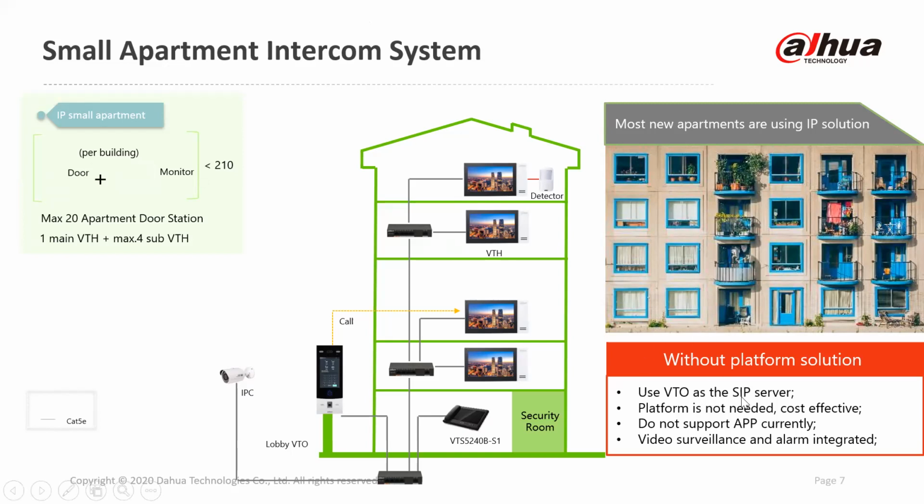Then we use the video as the SIP server. A platform is not needed, it is cost effective, does not support an app currently, and has video surveillance and alarm integrated.